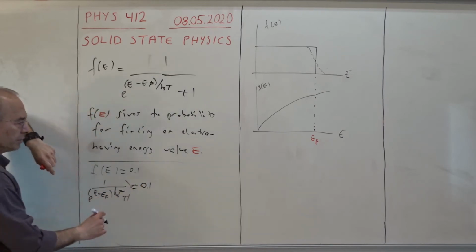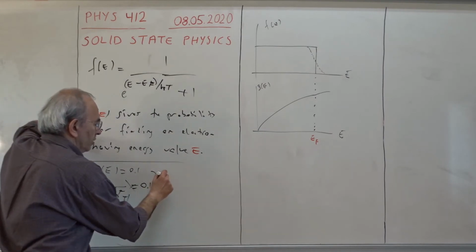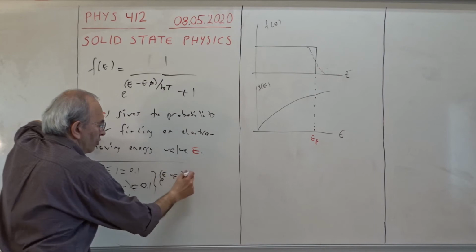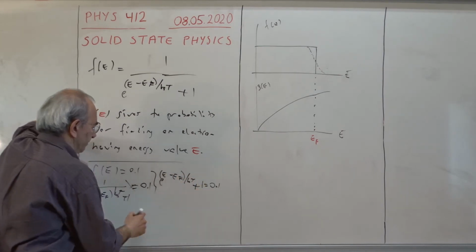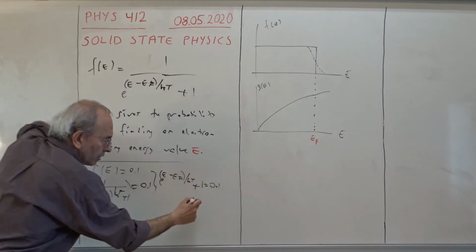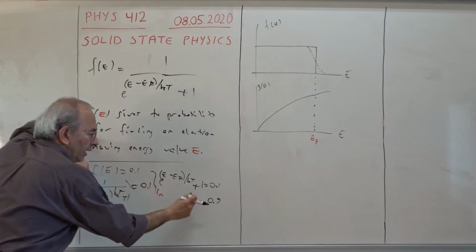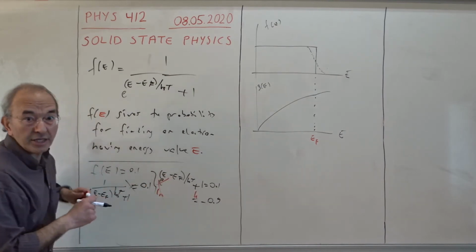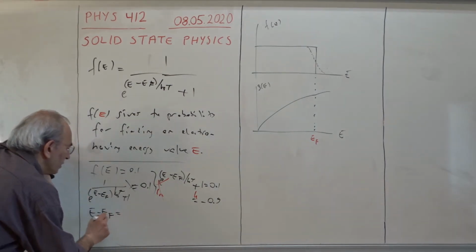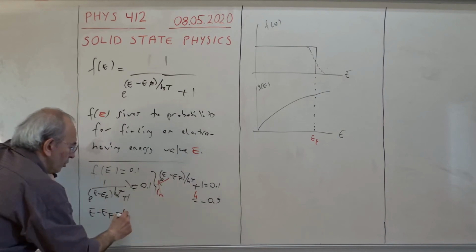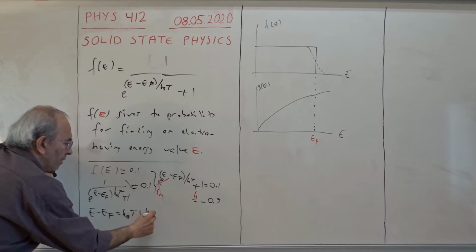After this simple operation, we have e to the (E minus E_F) over k_B T, plus 1, is equal to 10. Take it to the other side as minus 0.9. Take the ln of both sides to get rid of the exponential. We have E minus E_F equal to k_B T ln of 0.1 over 0.9.